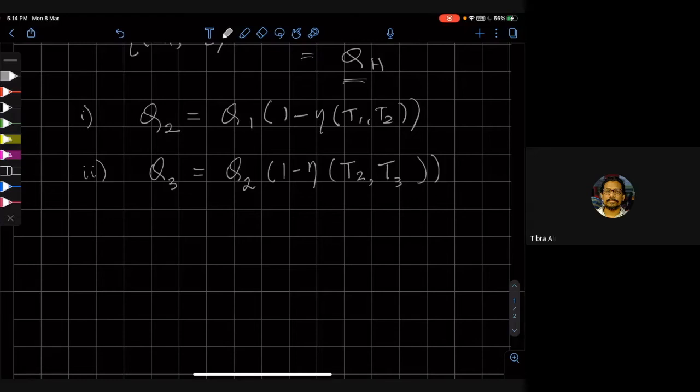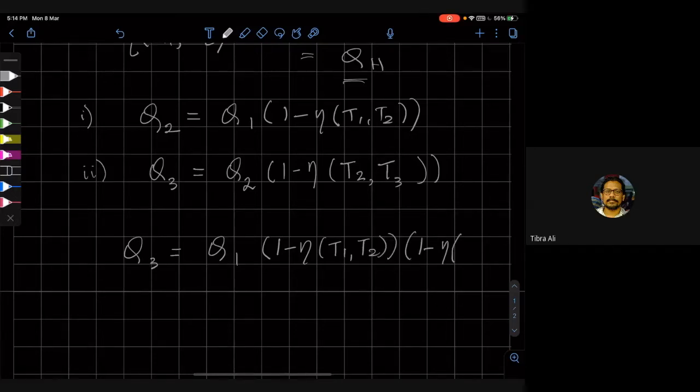Now, if I combine these two formulae, I can eliminate Q2 from these two, and I can express Q3 as Q1 times 1 minus eta of T1, T2 times 1 minus eta of T2, T3.